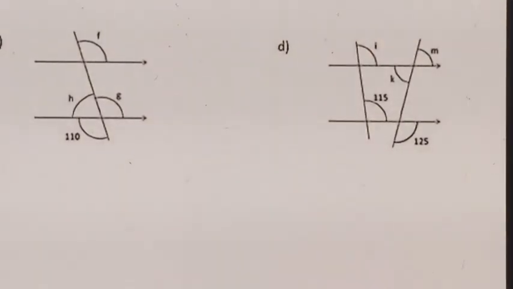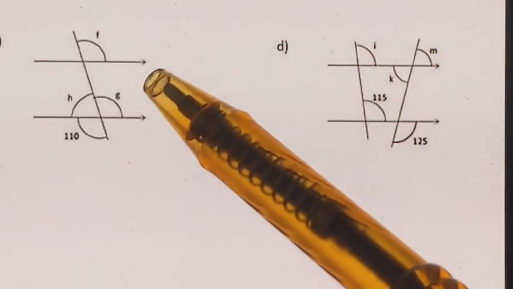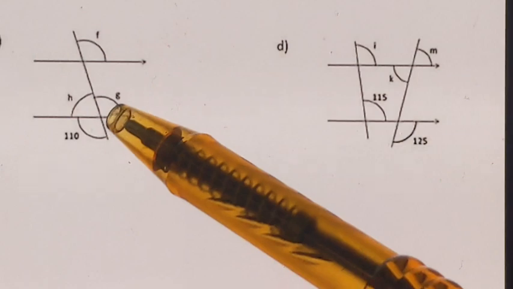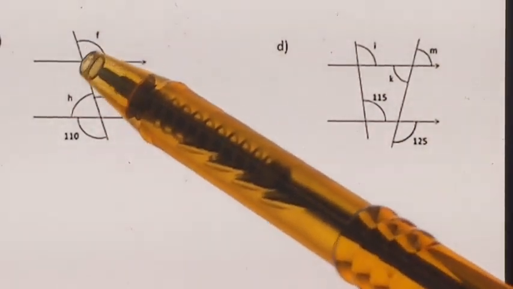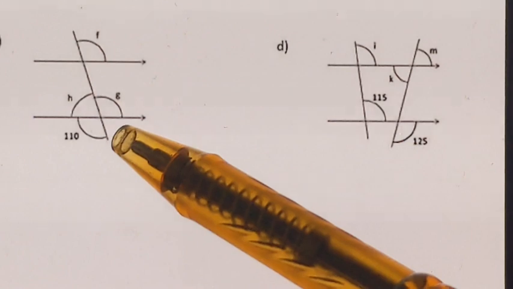Let's learn about the corresponding angles as well. We have learned about the interior supplementary angles, exterior supplementary angles, vertically opposite angles, and alternate angles. Now let's learn about the corresponding angles. The corresponding angles are the ones that lie on the same side and in the same direction. That is, the two angles are exactly similar to each other.